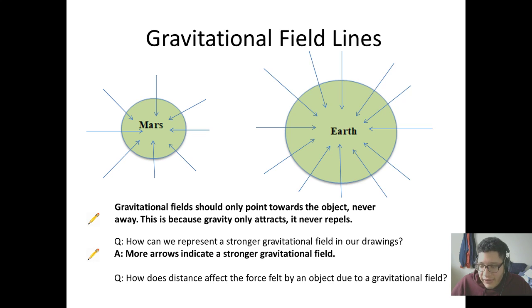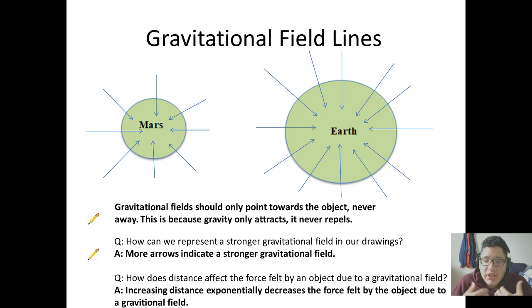How does distance affect the force felt by an object due to a gravitational field? So how do you think spreading out or spacing out a little bit would affect your gravitational force? Well, we know that the farther away that you get, the less you're going to feel something like gravity. So the distance will decrease exponentially. As we increase distance, we will exponentially decrease the force felt by the object.